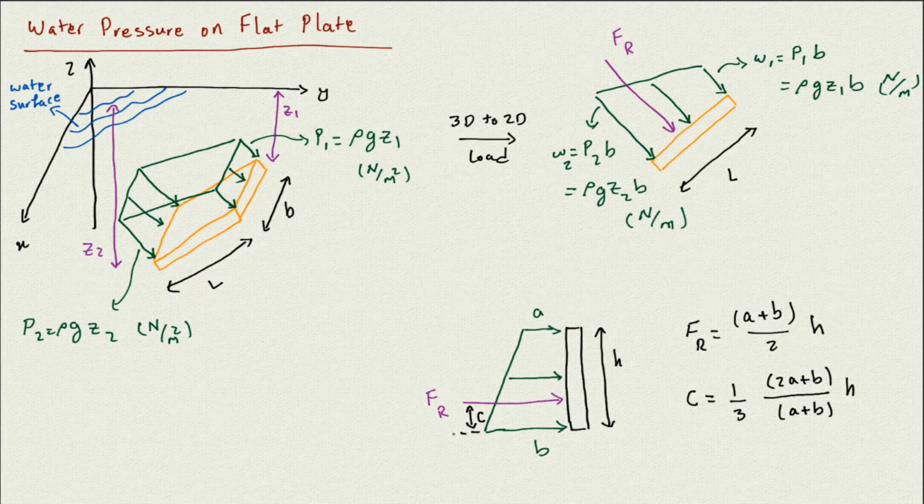So that's the location of that resultant force, and then you can do the calculation, or you can just apply it in any other angle. That's how we find the water pressure on the flat plane.